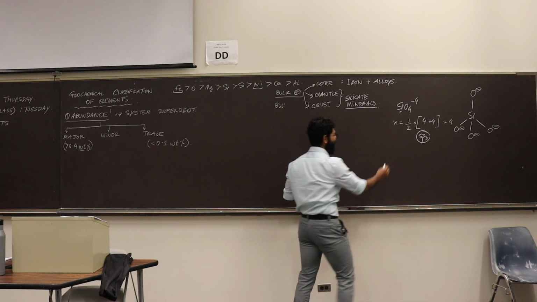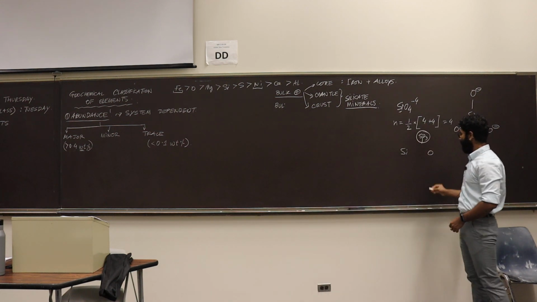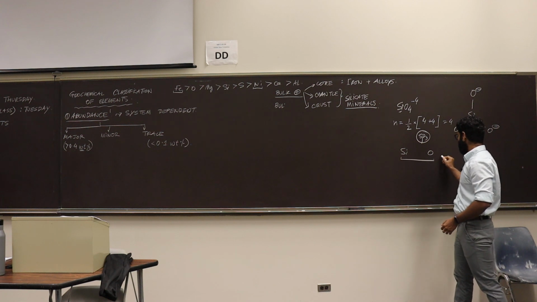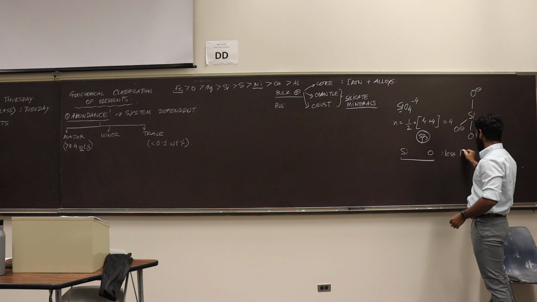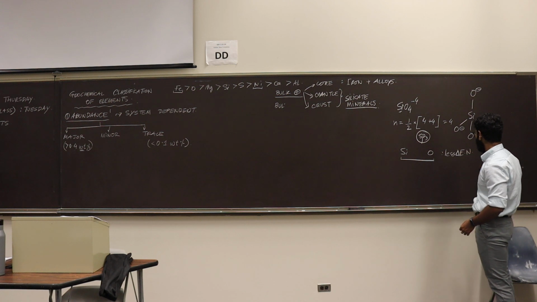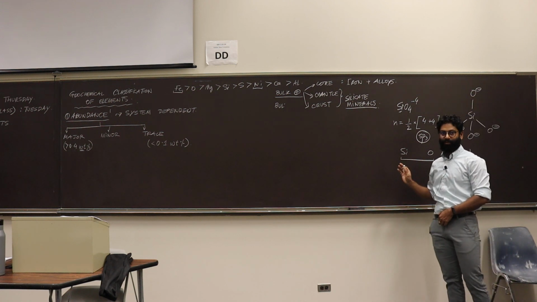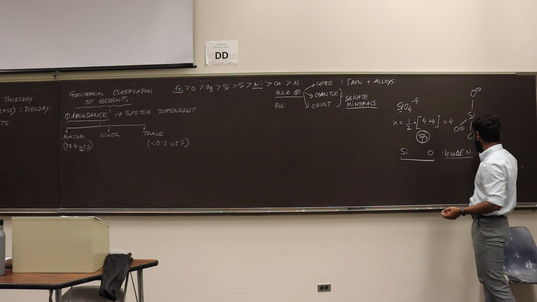And the electronegativity difference between Si and O is not that much. Less delta electronegativity, okay? So when you have less difference in electronegativity, you form covalent bonds.